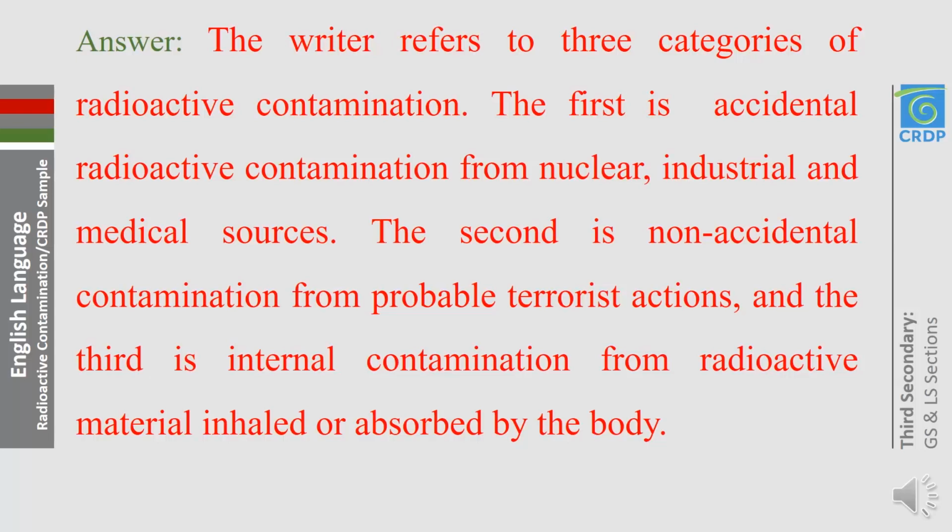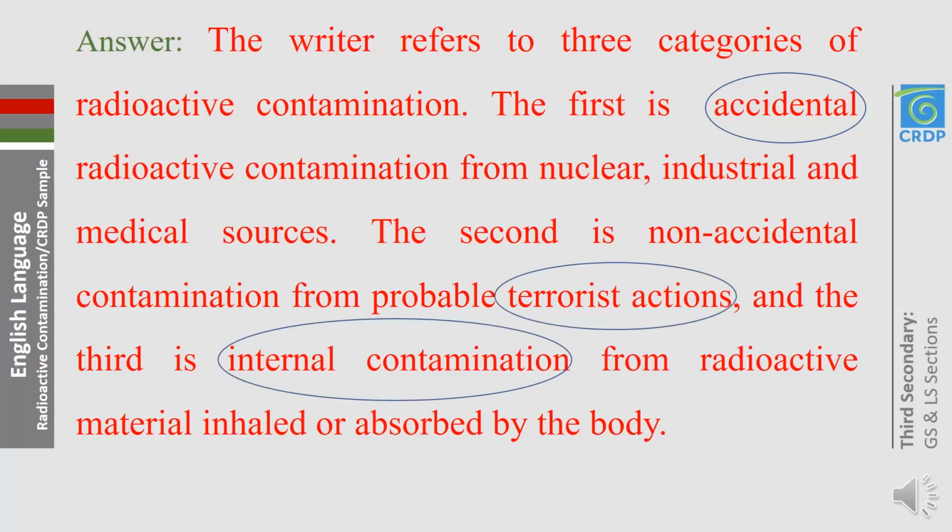We notice that the 3 types of contamination are included in our answer. The accidental radioactive contamination, the terrorist actions, and the internal contamination. Please also note that we did not copy and paste the answer, but rather we used our own words.